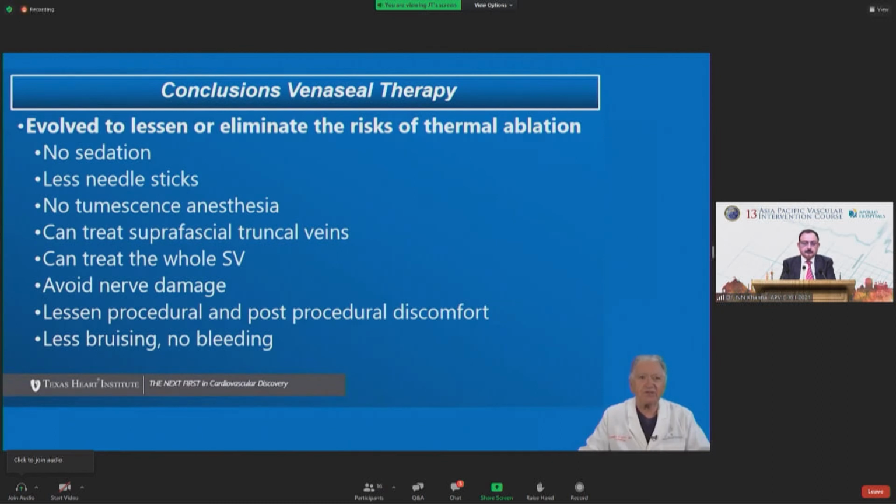It can treat also suprafascial truncal veins, and you can treat the whole vein from the ankle all the way to the saphenofemoral junction for greater saphenous vein, or from the ankle to the popliteal junction in the lesser saphenous vein. It definitely avoids nerve damage. It lessens significantly procedural and post-procedural discomfort and offers less bruising and less bleeding post-procedure.